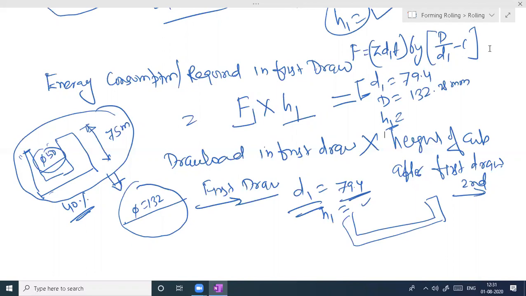Yes, it will be in that range only, to understand the concept.